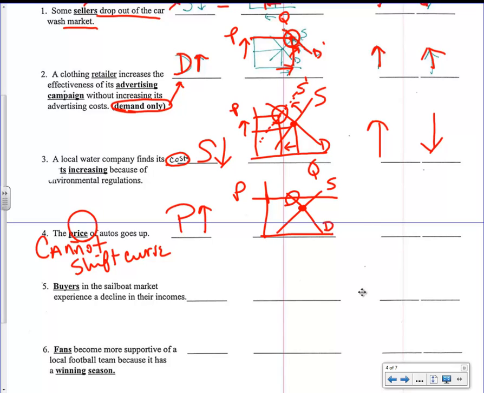So here we go, quantity demanded, and here we go with quantity supplied. Quantity demanded is less than quantity supplied. So therefore, we have a surplus of automobiles in the market. It does not change the equilibrium. Price can never shift a curve. You have to shift a curve to change your equilibrium.